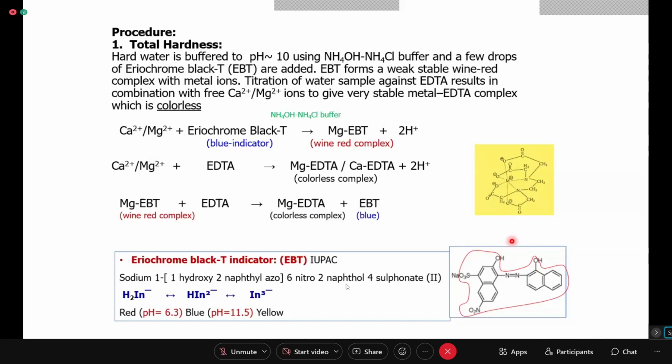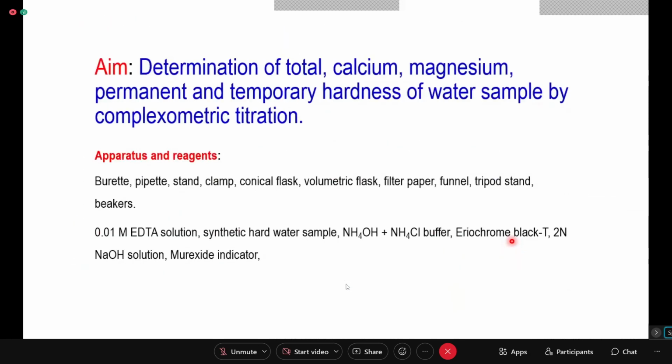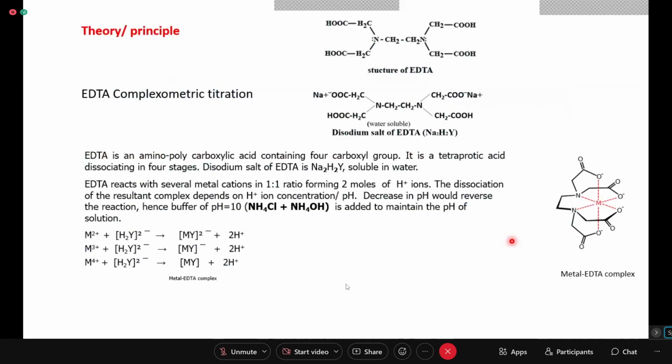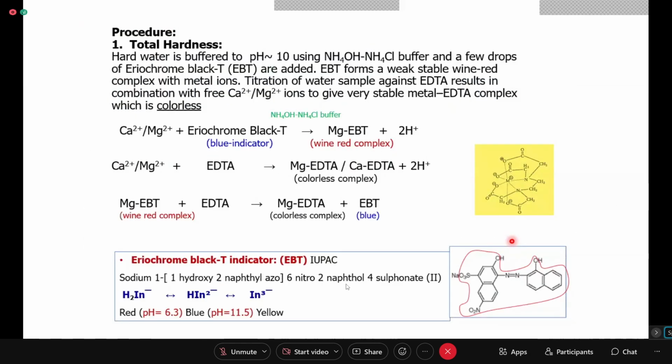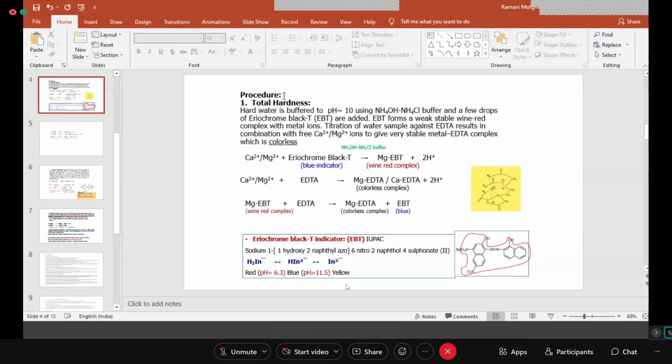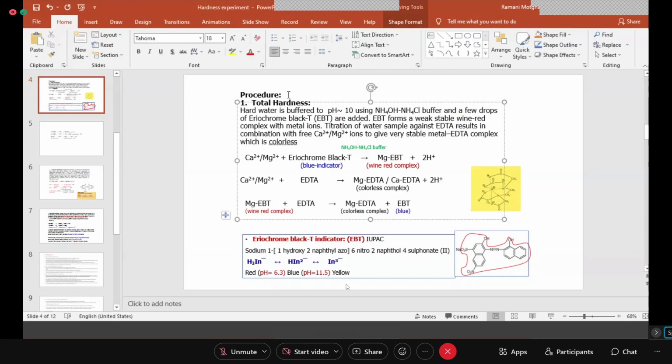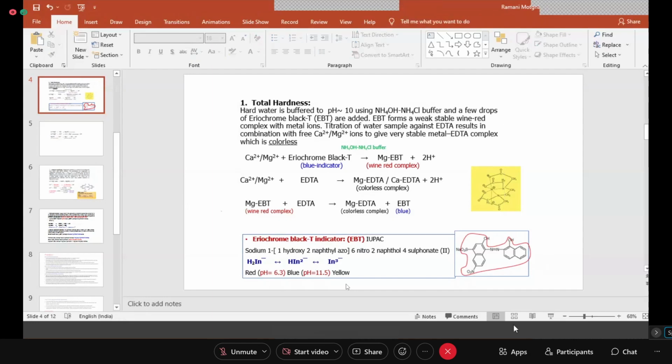Any doubt? See, this is the aim, this is the theory, and this is not the procedure. You can call this the theory part only, theory for total hardness determination.